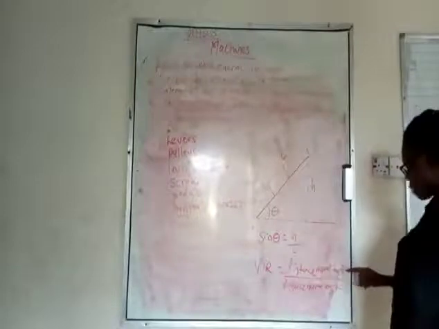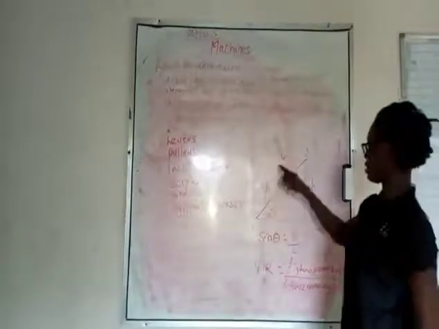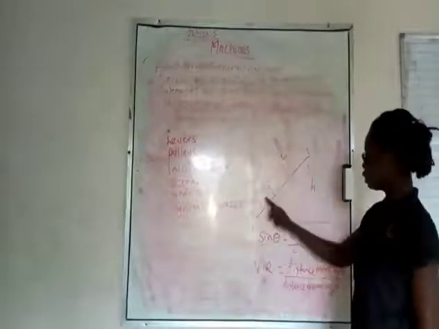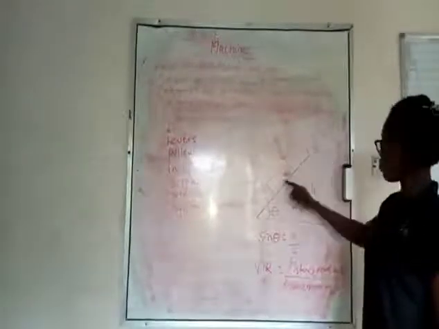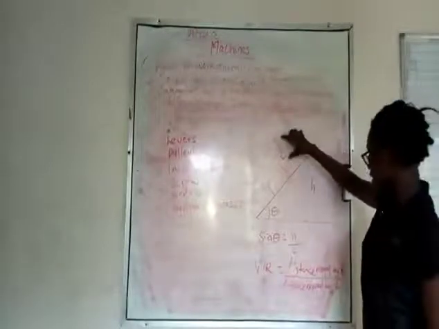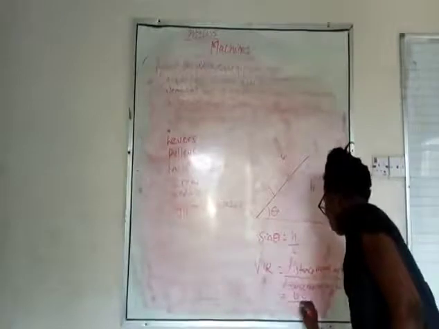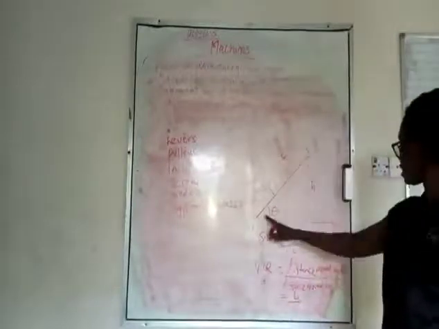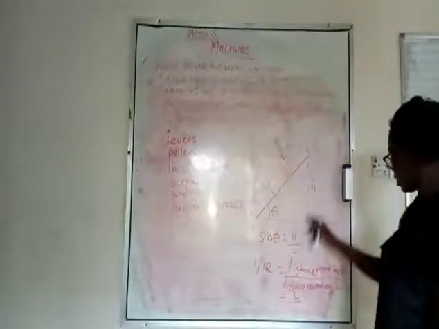Remember that where is the distance? The load was here and you're pushing it upwards. So by the time we get here, the distance it has moved is actually what? Your L. So this is going to be L over the distance moved by effort, whereas the distance moved by load is actually your H.